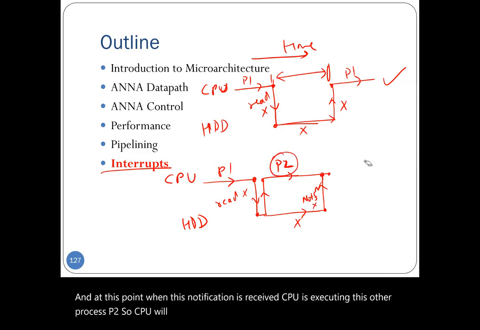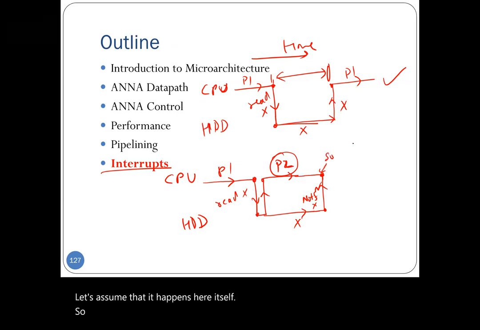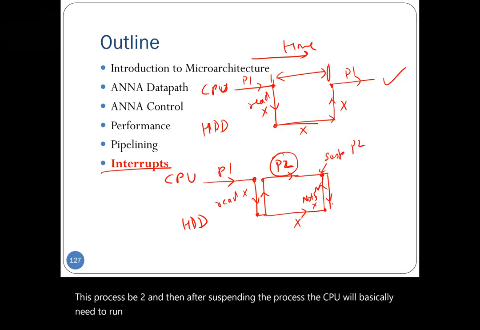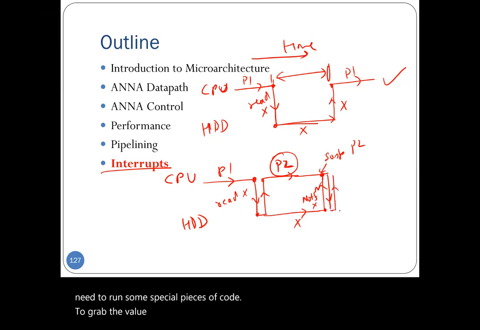For simplicity, let's assume that it happens here itself. After suspending the process, the CPU will need to run some special pieces of code to grab the value of X from the hard disk, and then it can resume its execution.